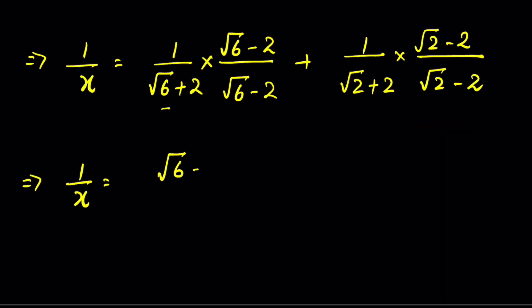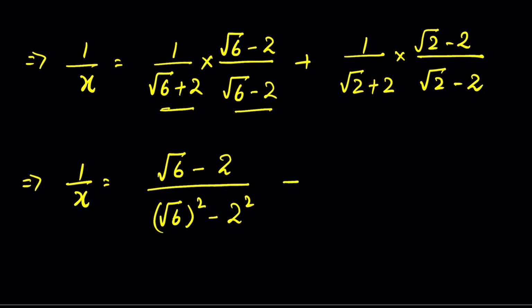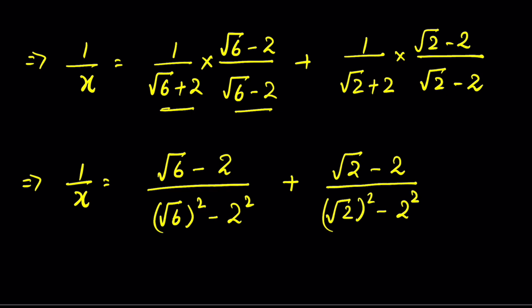Or 1 upon x is equal to square root of 6 minus 2 upon, this is in the form of difference of squares, so it will be square root of 6 square minus 2 square, plus square root of 2 minus 2 upon square root of 2 square minus 2 square.